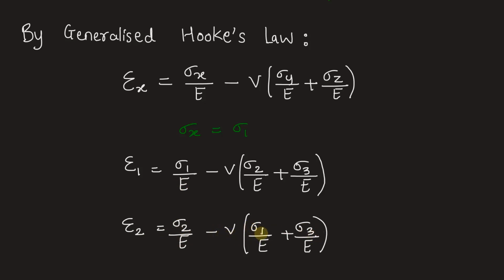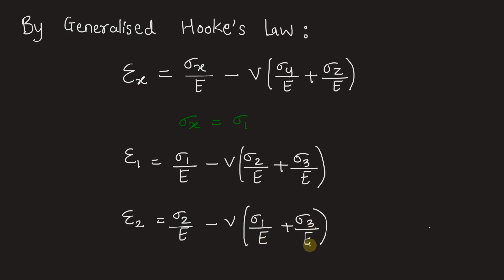That is why we have written sigma 1 by E plus sigma 3 by E. This is true only in this particular question because sigma 1 is along x direction.